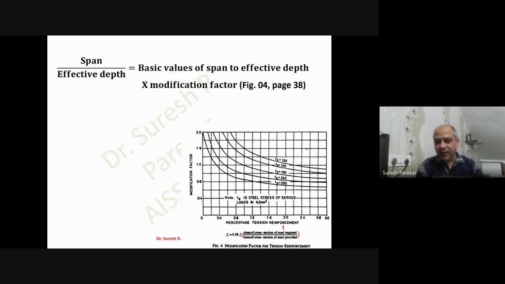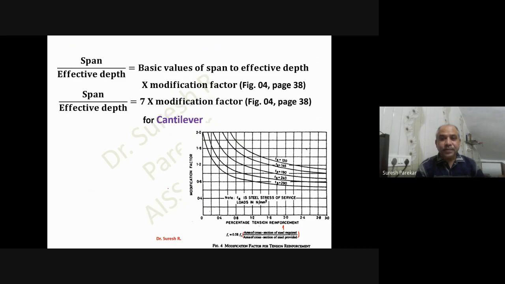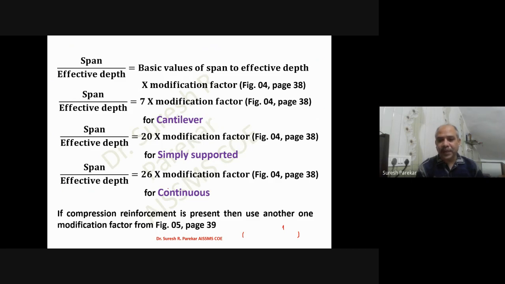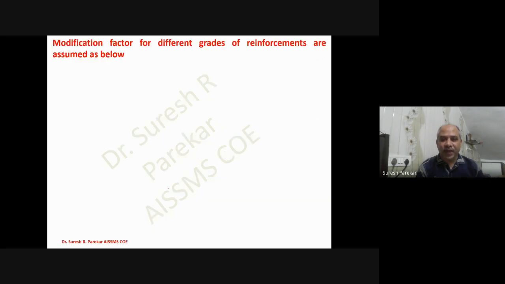So for fy 500 we have this curve, fs 290, for fy 415 we have 240, and for 250 we have 145, and likewise we use these curves to determine the modification factor against the percentage of reinforcement. Now we have 7 into modification factor for cantilever, for simply supported 20 into modification factor, and for continuous 26 into modification factor. If you have compression reinforcement, we have to take the modification factor from figure 5 also.